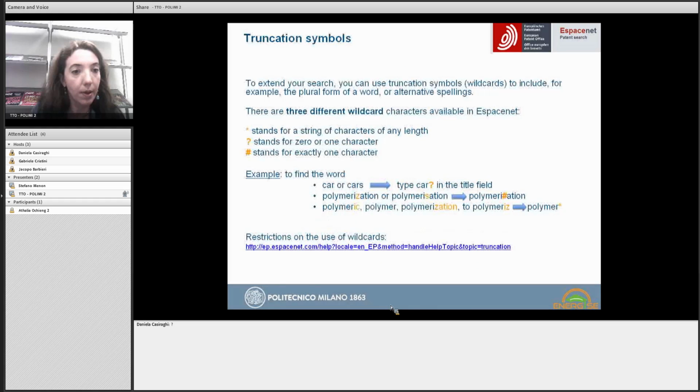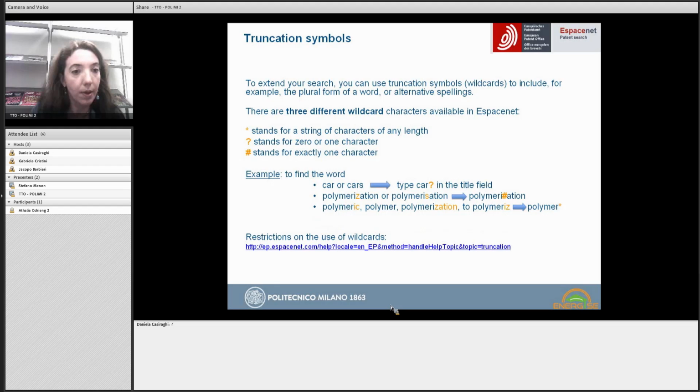You can use the truncation symbols, which are characters that stand for a string or for other characters. For example, if you are looking for the word car or cars, you are searching for both words, you can type car with a question mark. The question mark stands for 0 or 1 characters. So I'm finding the patents that contain both the word car or cars.